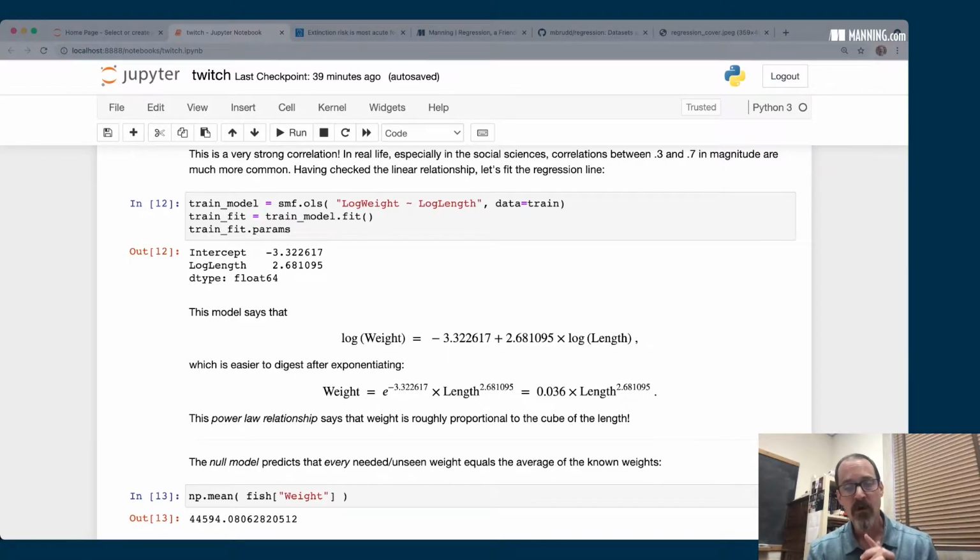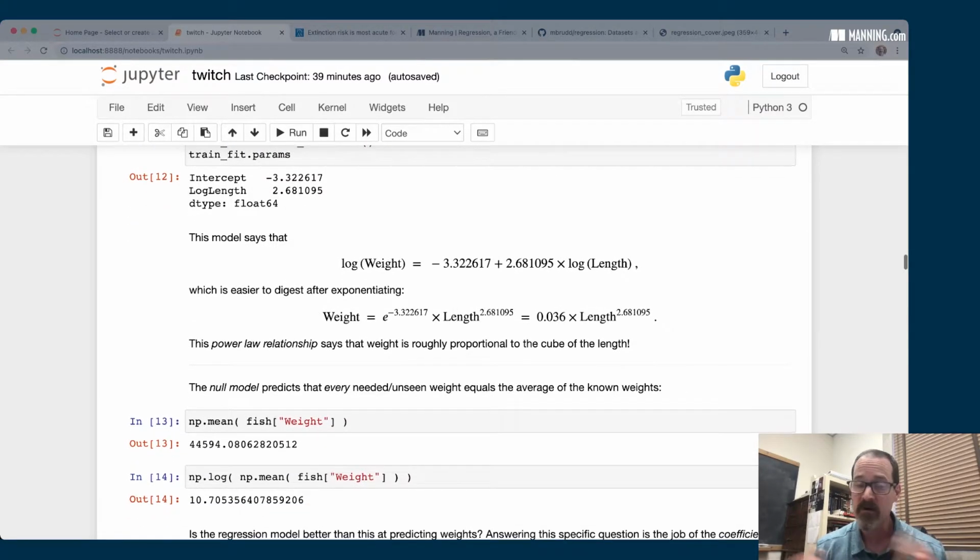So what R squared does is it tells you how well this model does relative to what's called the null model. Okay, so down here you'll see the null model. Regression is about various things, but in this case, we're using it to predict things, okay? Now, one thing you could do to predict the weight of a fish, when you don't know its weight, is to say that every unseen fish's weight is going to be the average of all the known weights, okay?